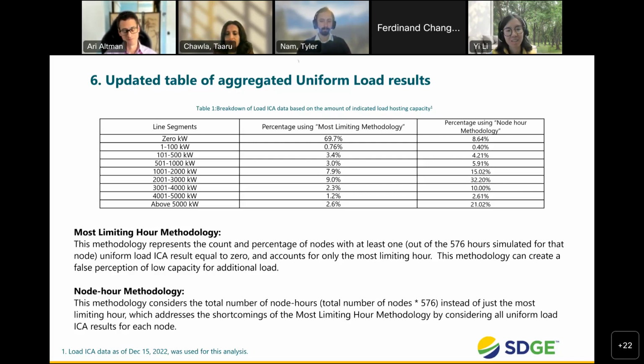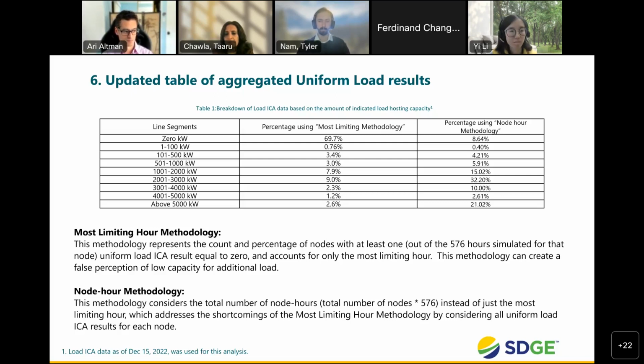As will be presented by PG&E in a moment, when the utilities originally did their ICA and we pulled together the data that resulted in this table, all the utilities had a similar percentage around those segments that showed 0 capacity.